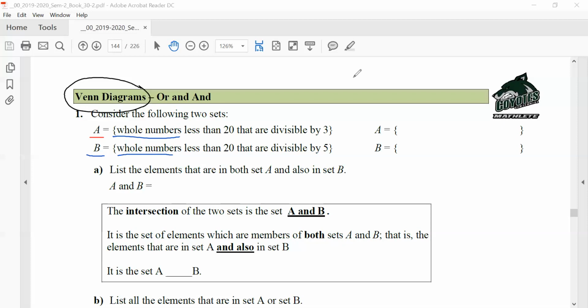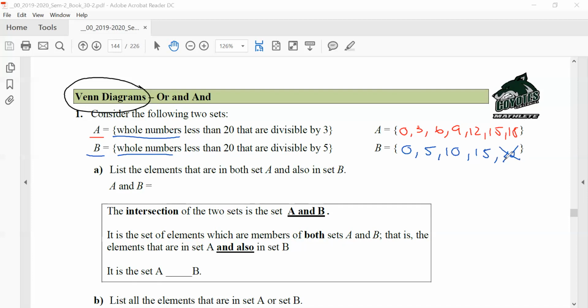So whole numbers that are divisible by 3: 0, 3, 6, 9, 12, 15, 18. Whole numbers that are divisible by 5 that are less than 20. I'm not going to include 20 because it says less than 20. So don't put that 20 there. We don't want it.